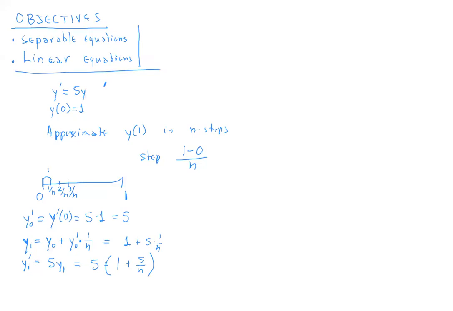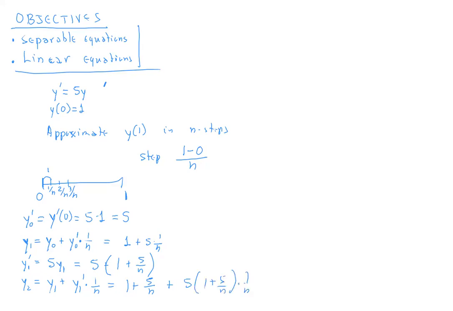So y2 is going to be y1 plus y1 prime times the step. And y1, we said, is 1 plus 5 over n, plus 5 times 1 plus 5 over n, times 1 over n.